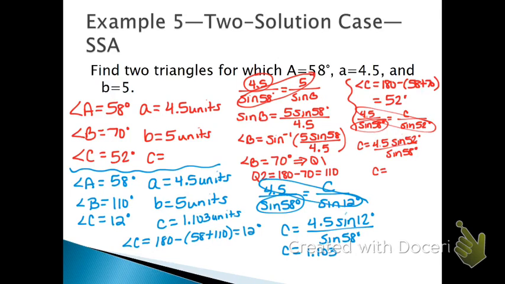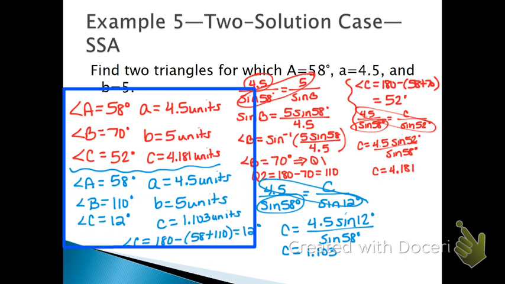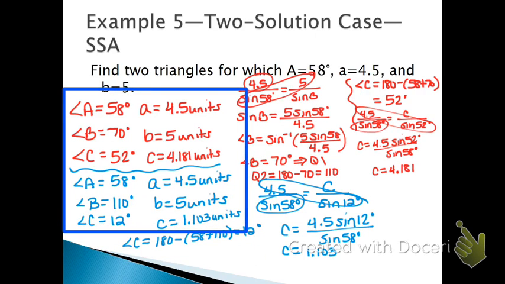And side C is 4.181. All right, so 4.181 units. And we got all our information for both of our triangles, correct? Yes. So all of this here is my answer. Both triangles, okay?